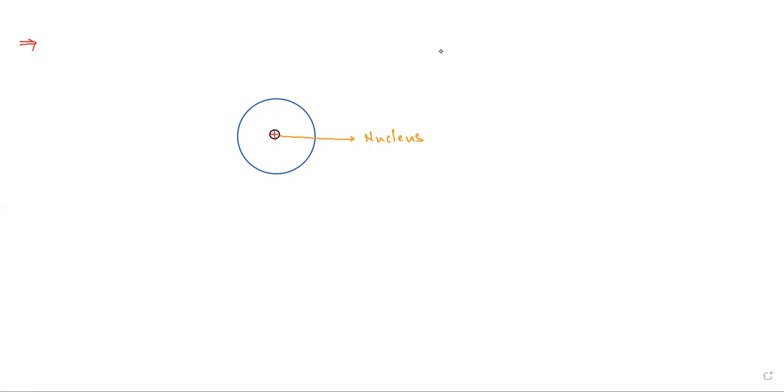And you know, electrons revolve around the nucleus in specified circular orbits of fixed radius. Okay. Electrons revolve around the nucleus in specified circular paths of the fixed radius.